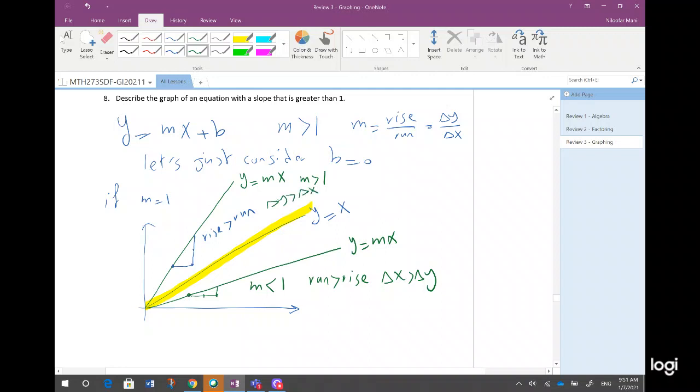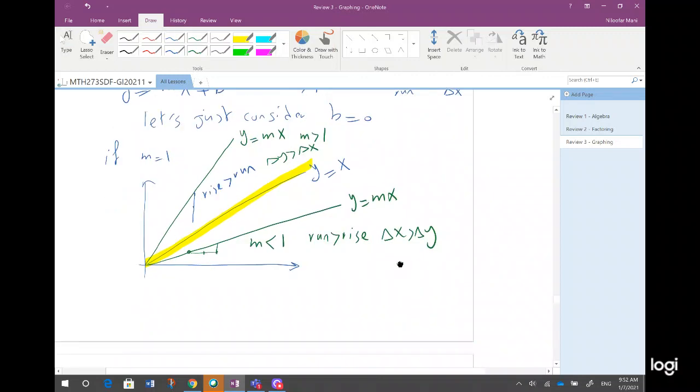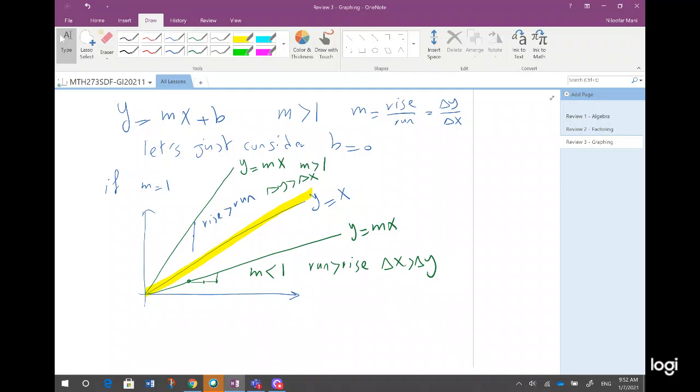So I cannot just describe the graph of an equation with a slope greater than 1 unless I explain what m equal to 1 means, and what m less than 1 means, and then I can talk about m more than 1. You can see all of them here. Again, I want you to understand what's going on here, and I don't want you to memorize.